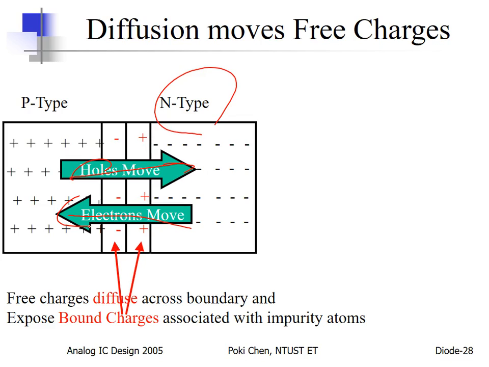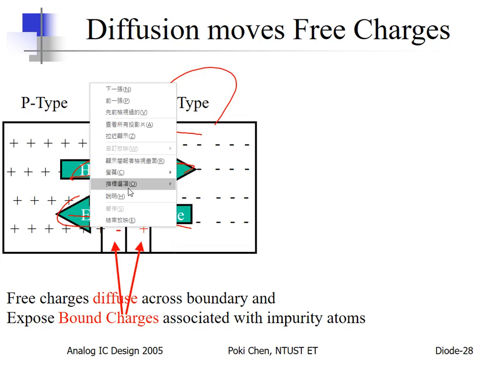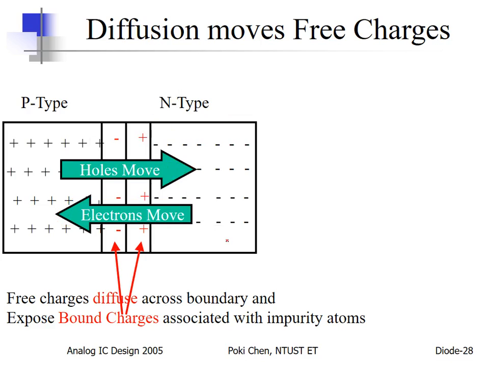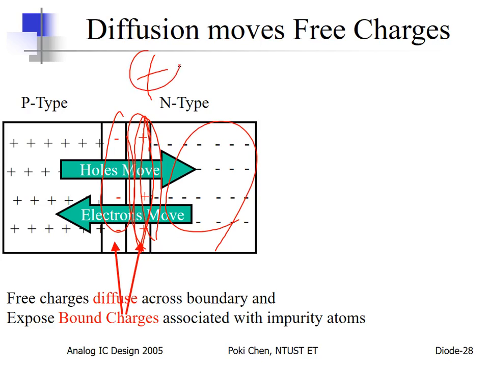So you can see, after the first diffusion, what was covered will be exposed. You are negative, your parents are positive. But you diffuse to the other side, and nobody covers your parents. So here will become positive, and there will become negative. Okay?